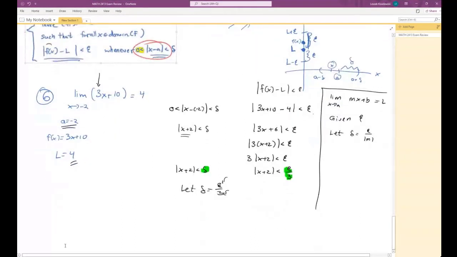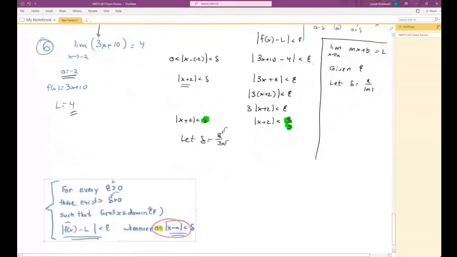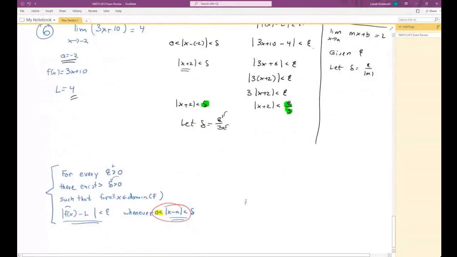I'm just going to copy something real quick. All right. So I'm going to use this as a template for a more formal proof.